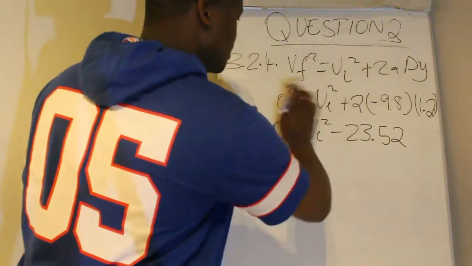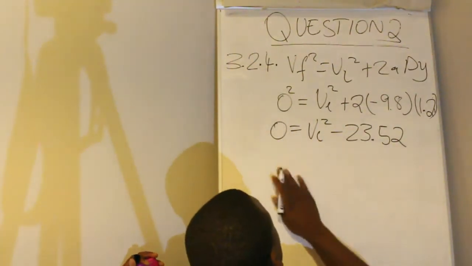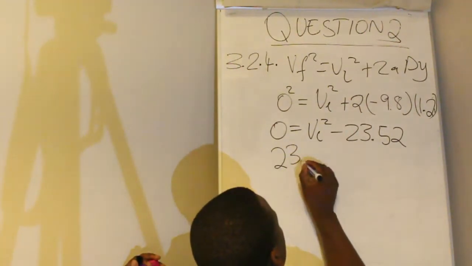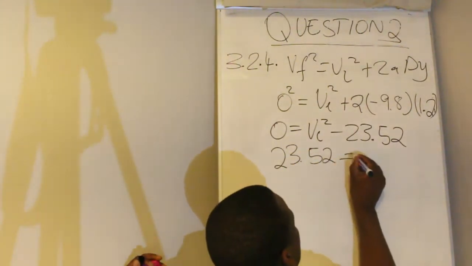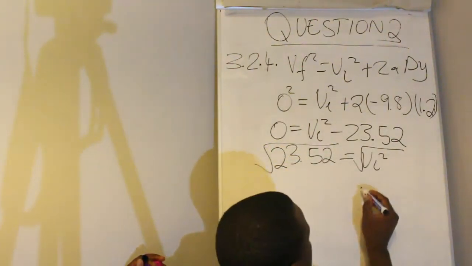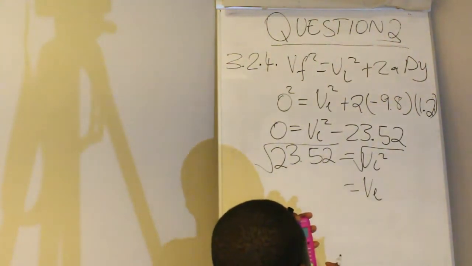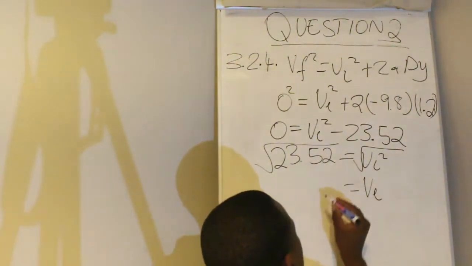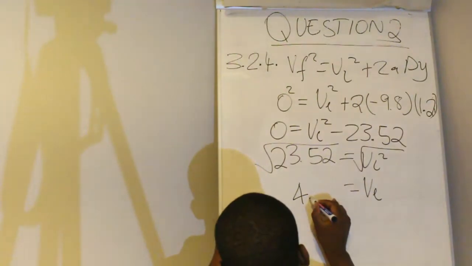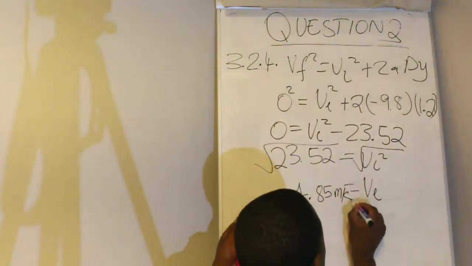So you transpose this to the other side. So 23.52 is equal to Vi squared. Then take the square root. So Vi is equal to the square root of your answer, which is 4.85 meters per second.